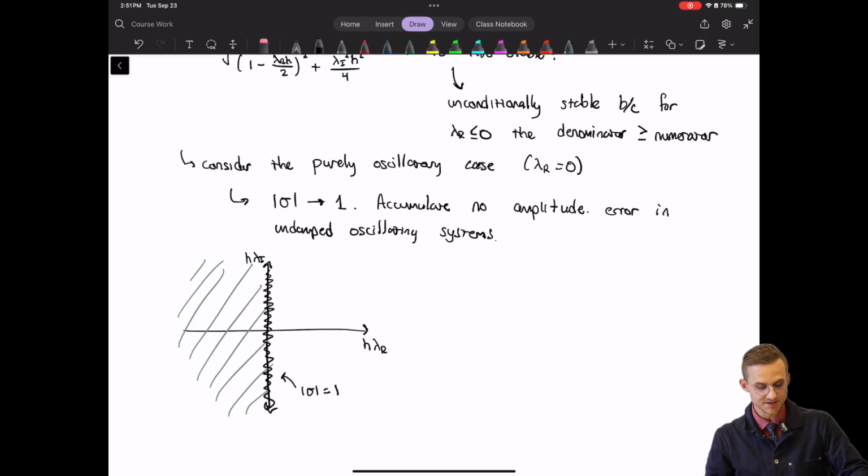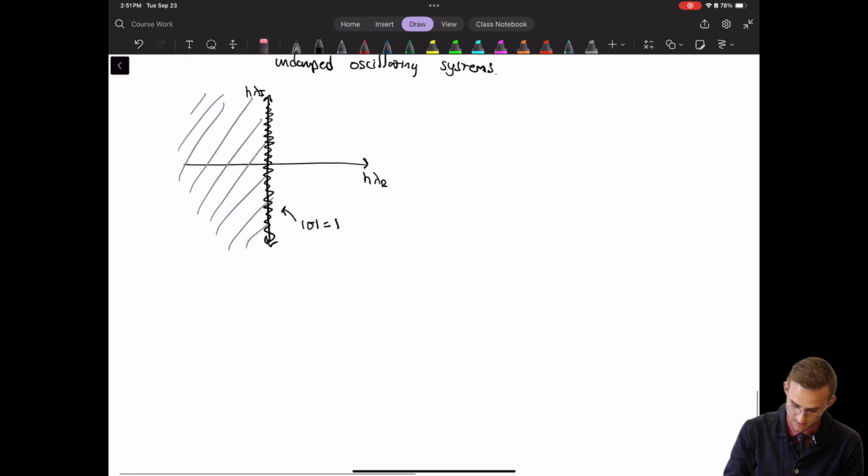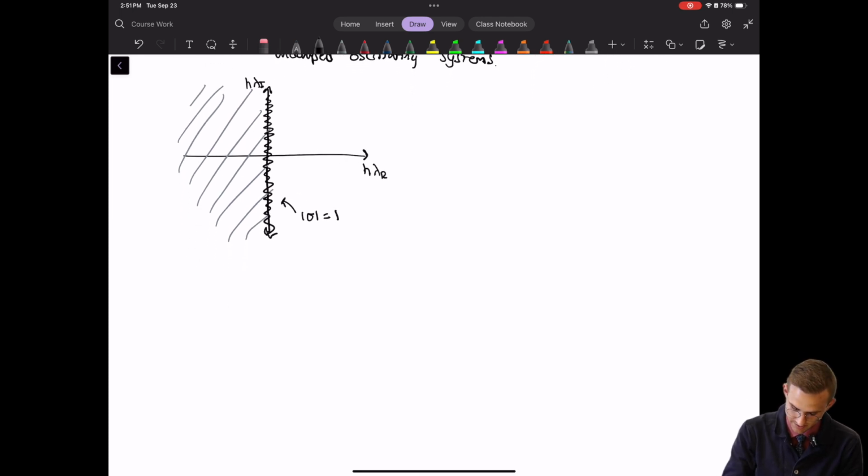So for that reason, trapezoidal is a preferred method if you know that the dynamics of your system are highly oscillatory.